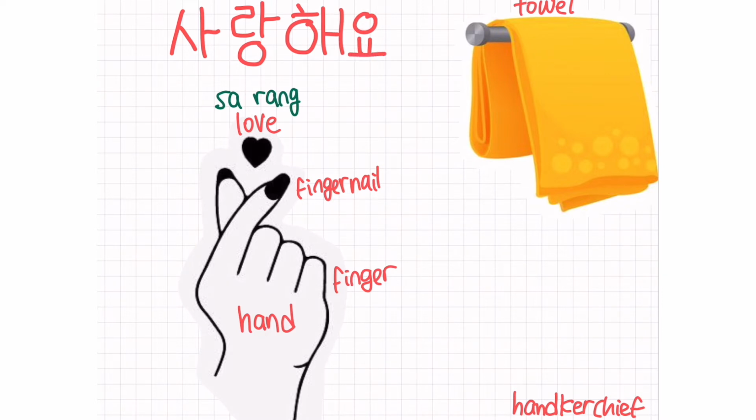Okay, so let's get to the hand first. Hand. 손. Okay, so this is how we write it. 손. 시옷, 는. 손. Single letter word. 손 is hand. Okay, and the finger is 손가락.